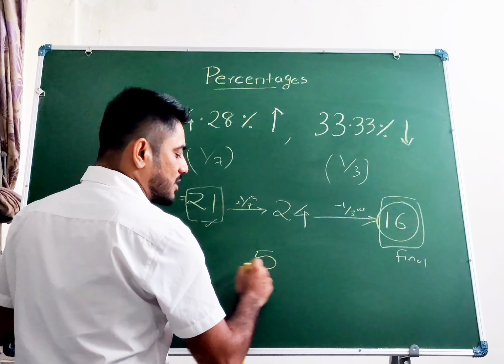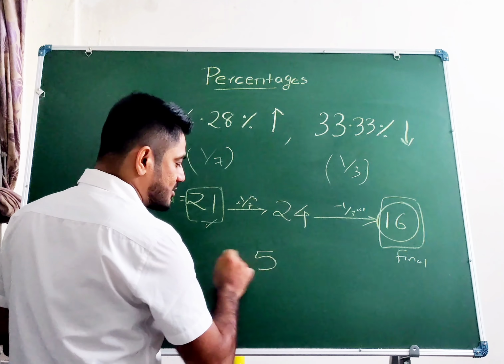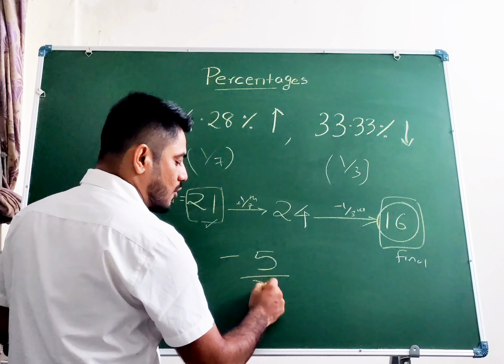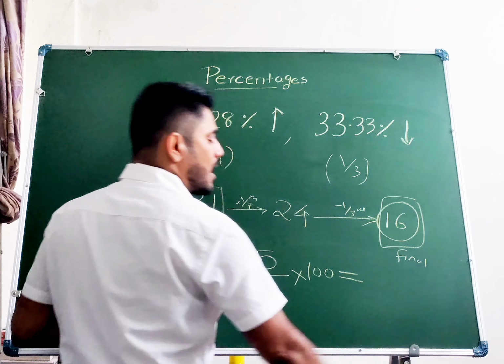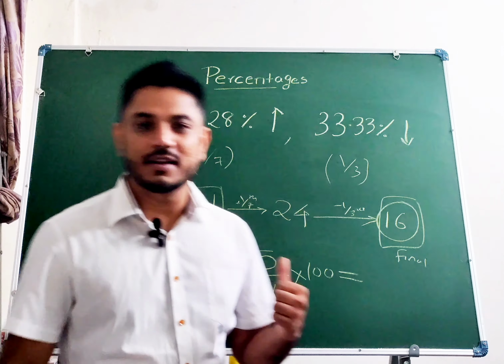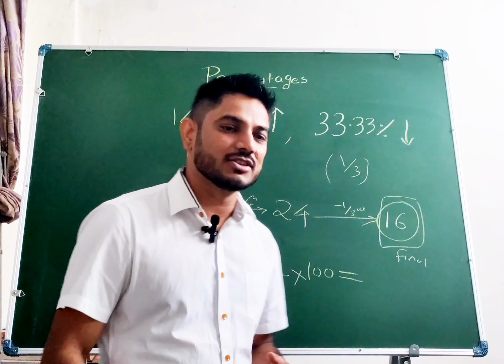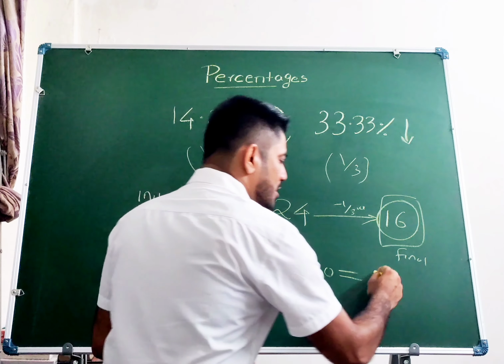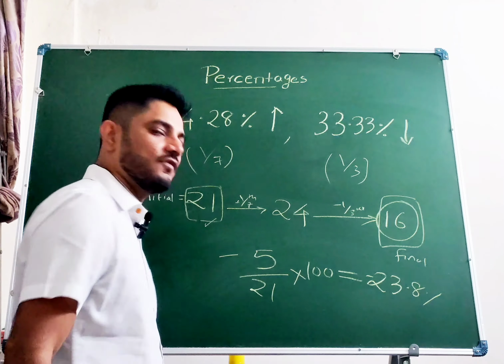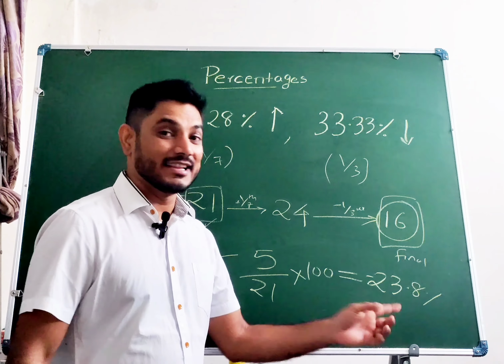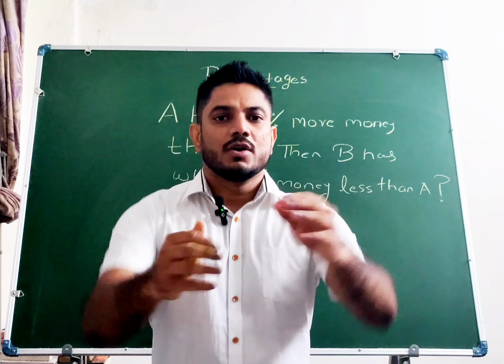So my actual percentage change would be a decrement, so a minus sign of 5 over 21 multiplied by 100. And if you solve it, you'll get your final answer, which works out to be somewhere near 23.8% with a minus sign, obviously. I got this, and that too quickly.